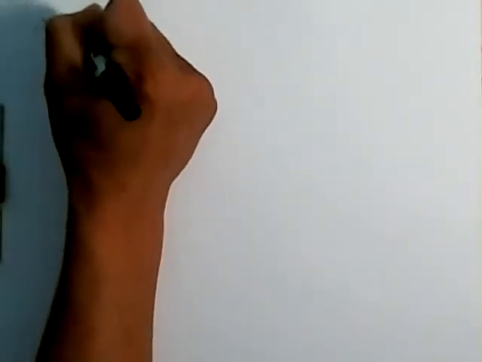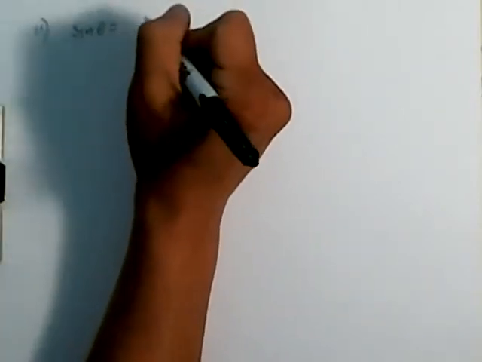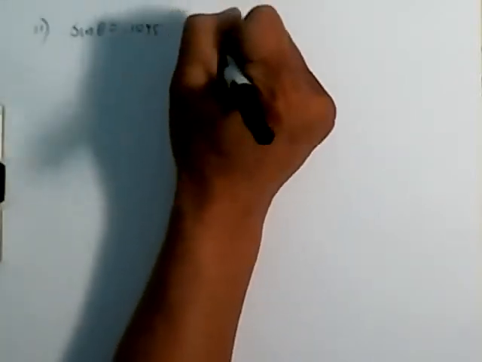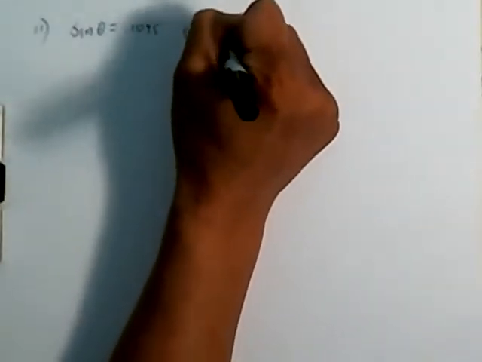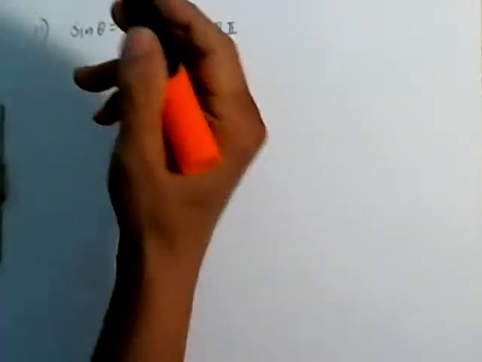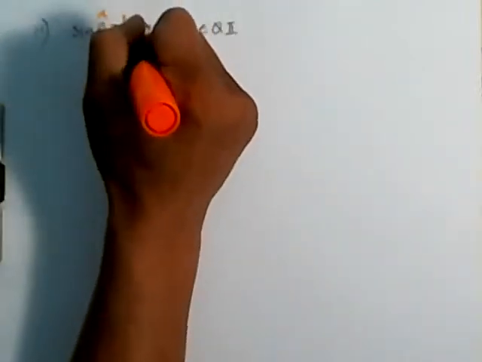Number 11, let's start off with the problem. The sine of the angle theta is equal to 0.1045, and theta resides in quadrant 2. To find the reference angle, theta hat, you take the absolute value.